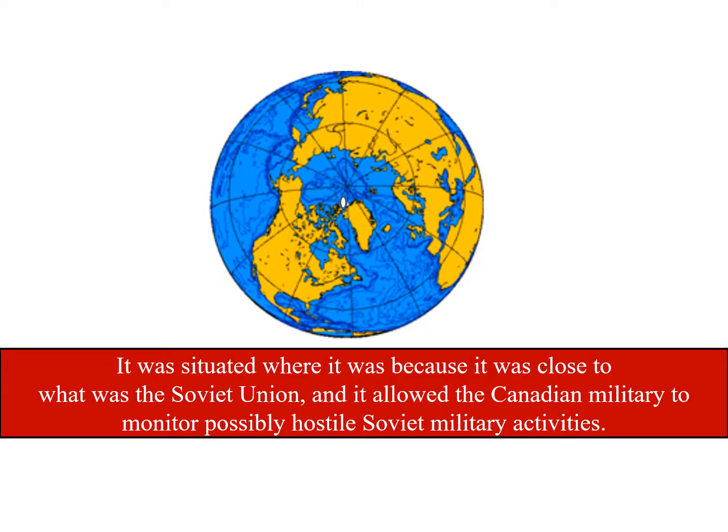The original reason for the settlement of Alert, Canada was because of where it was situated, near the Soviet Union. It allowed the Canadian military to monitor possibly hostile Soviet military activities.